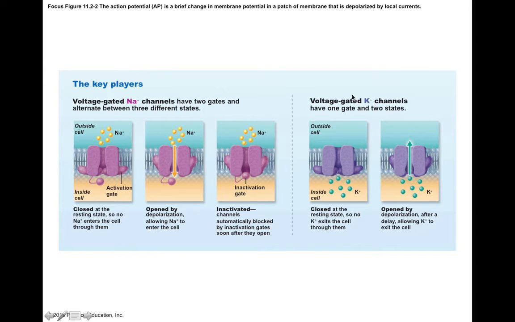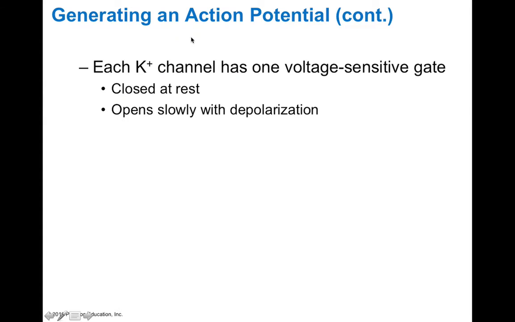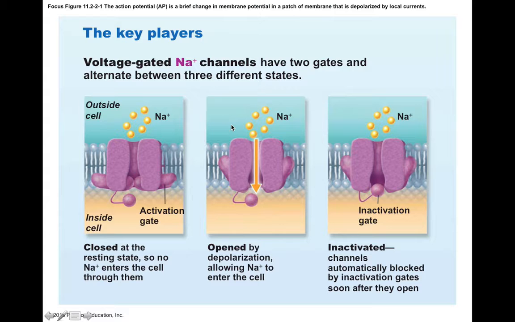Now, eventually, these voltage-gated potassium channels also close at a certain voltage. So each potassium channel has one voltage-sensitive gate. It's closed at rest and opens slowly with depolarization. So if we zoom in on these voltage-gated sodium channels, remember we have an activation gate and an inactivation gate. The activation gates are closed at rest while the inactivation gate is open.